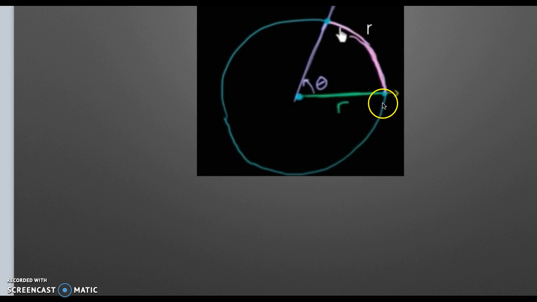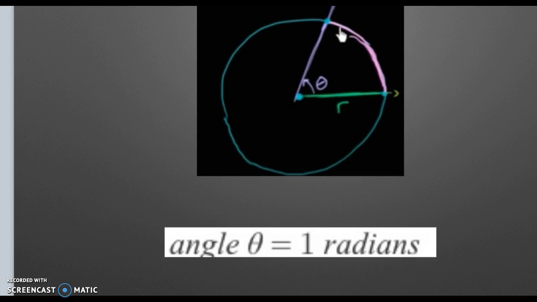So it has the same measurement of the radius. We want to figure out how many radians you can define an angle to be. Well, the angle is subtended by an arc of one radius. So angle theta equals 1 radian.